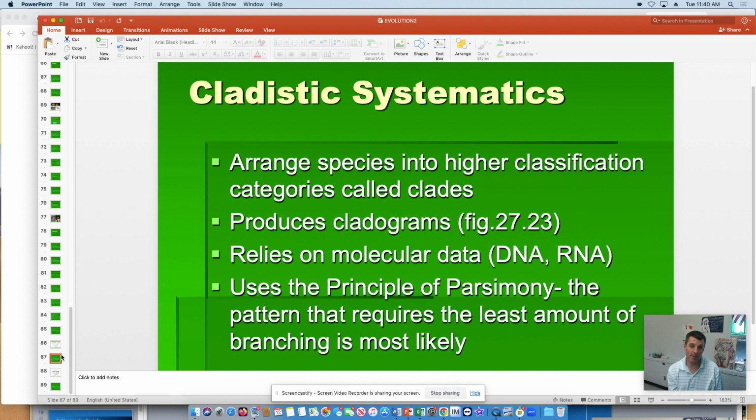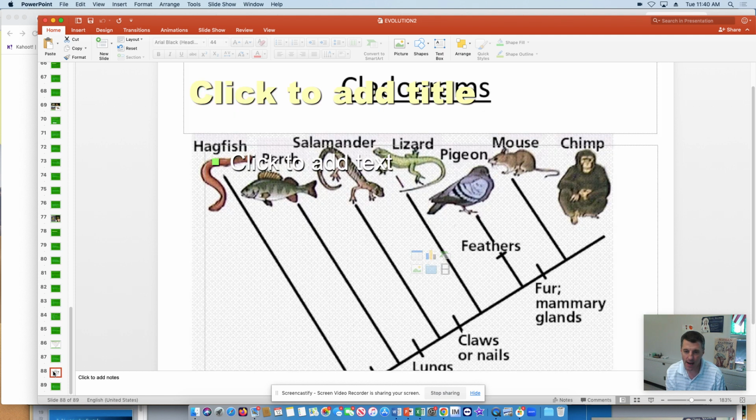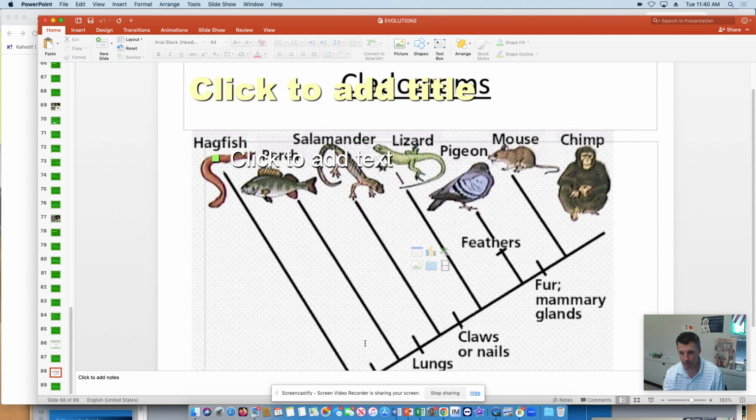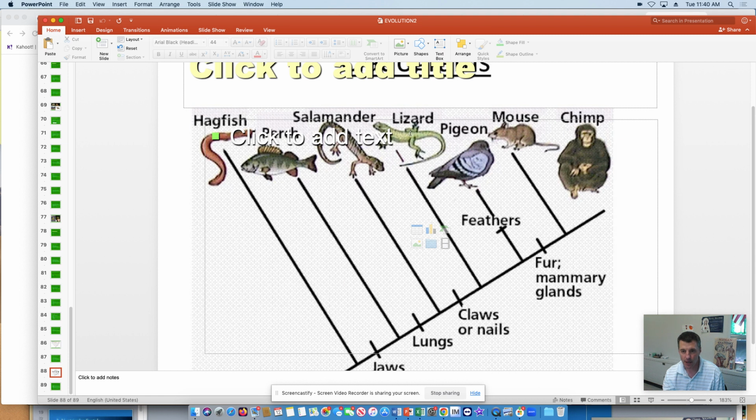So the principle of parsimony basically says the simplest explanation in most cases is the best explanation. So we're striving for a simpler, more straightforward explanation of how these things came to be. So in that system, it might look more like this. You might see only a slight difference here, but here we have basically all of the reptiles, amphibians, then birds, then mammals.